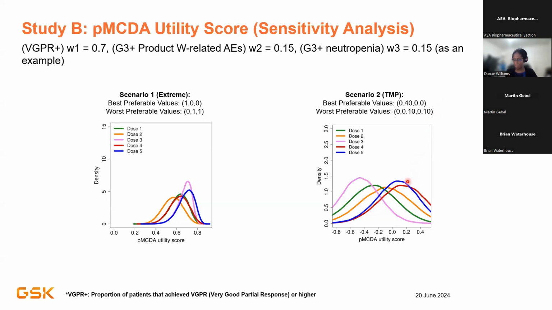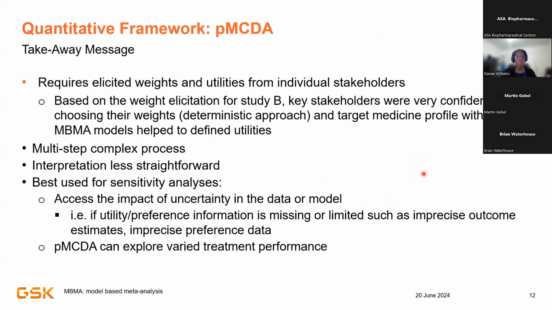So just to conclude as a takeaway message, it does require elicited weights and utilities from other individual stakeholders. And based on that weight elicitation for study B, key stakeholders were very confident in choosing their weights. And when having alongside the target medicine profile and the MBMA models, that also helped to define the utilities as well.